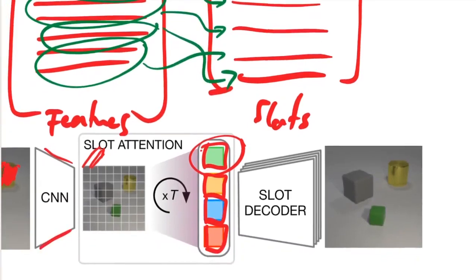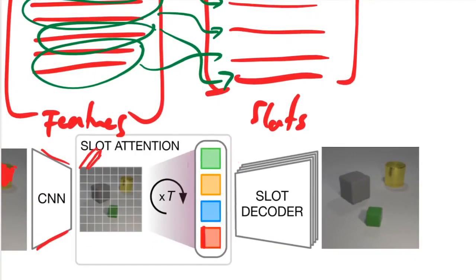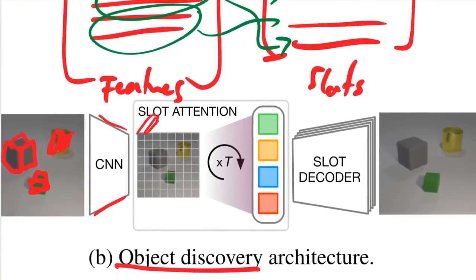And that's basically equivalent to subdividing the picture into these slots. Ultimately, your goal is going to be to say that these features right here, these pixels right here, go maybe into that slot, and then these ones right here go into that slot, and these ones here go into that slot, and the rest, all of the background, goes into that one.